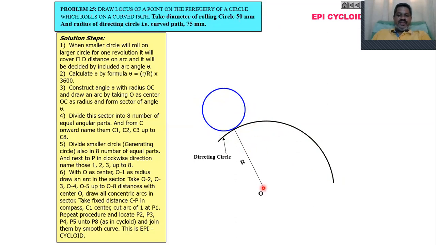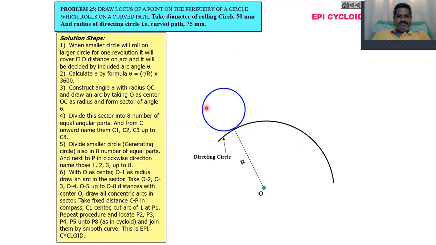That means the directing circle radius is 75. The radius of the generating circle is 25. So locate a center on this line, and with that center, we can draw 25 mm as radius. Exactly that circle will become tangent to the directing circle on which the generating circle is going to roll without slipping.